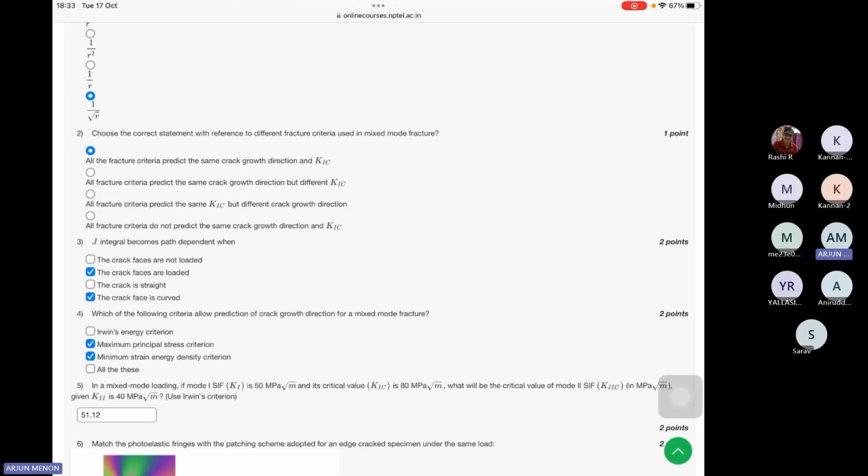Then find the value of K2 square, then K2 square divided by that 1 minus value, and the root of that will give you K2C, I think. I don't know if you got something similar, Anirudh.